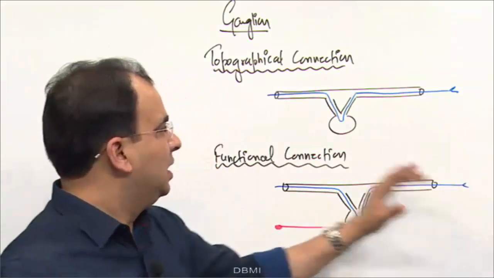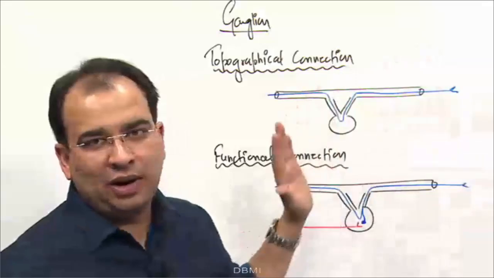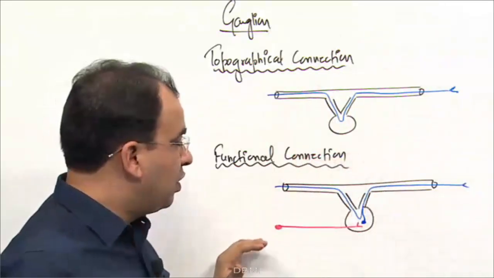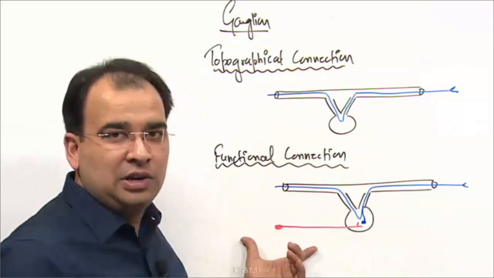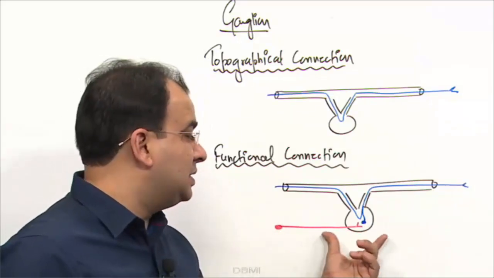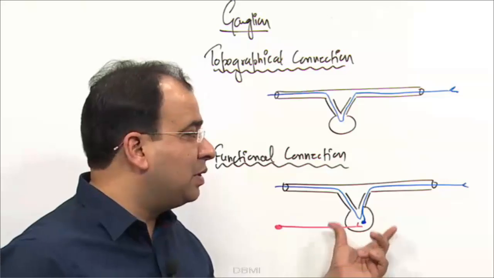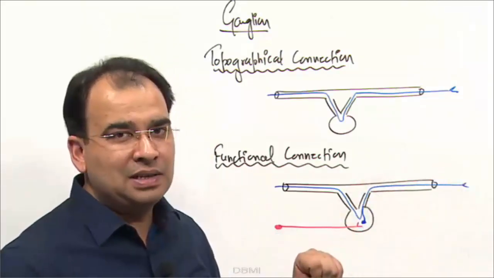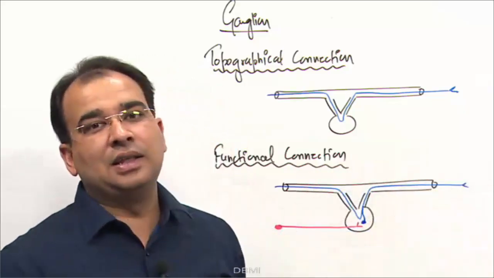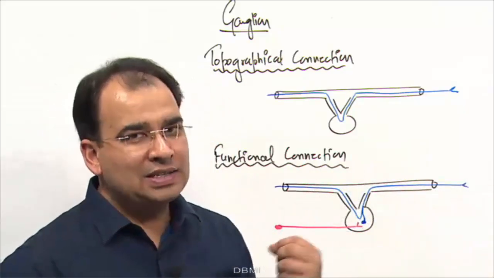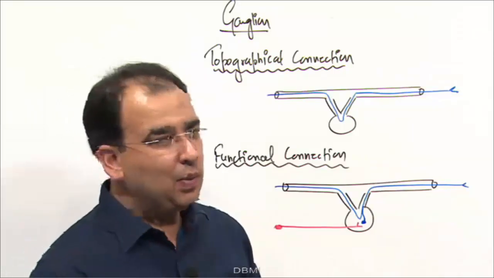You getting me? Nerve goes inside, comes outside, topographic connection. Nerve comes inside the ganglion, relays over there, that is a functional nerve. But the functional nerve, as we can see, is relaying inside the ganglion. So how will the fiber reach the target gland or target muscle? They will reach through the same nerve which is topographically connecting the ganglion. I'll give you one example here and we'll apply that example when we discuss these nerves.